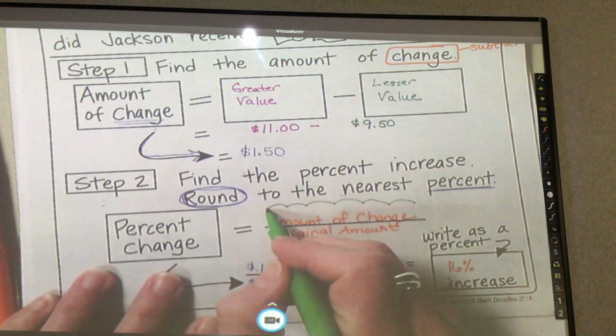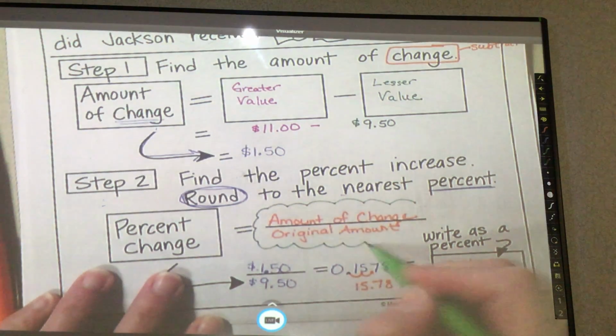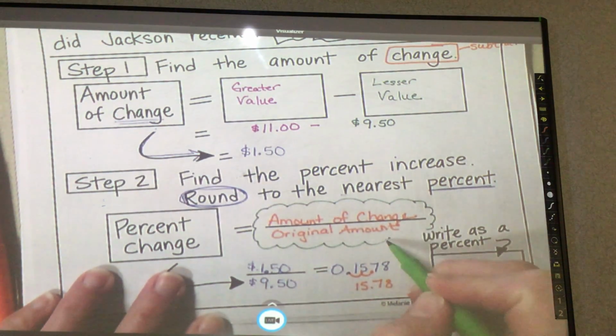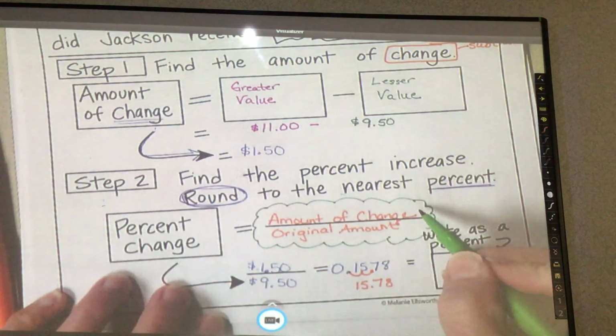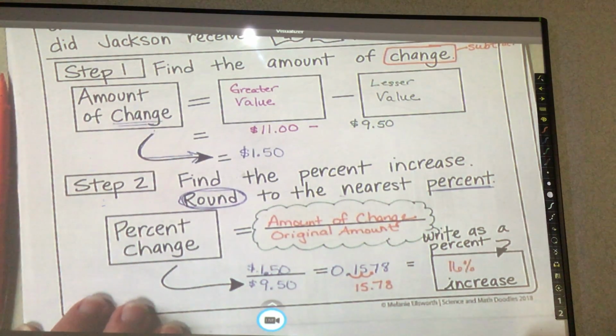So I want you to put a bubble around this. This is the formula: the amount of change over the original amount.